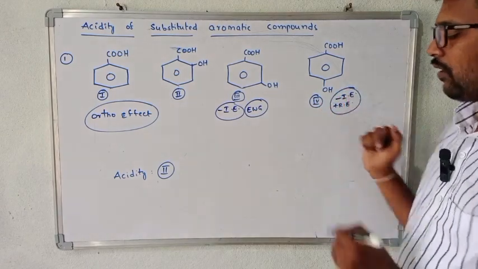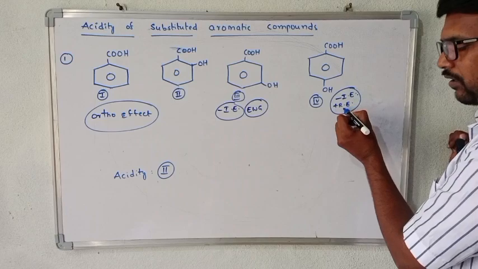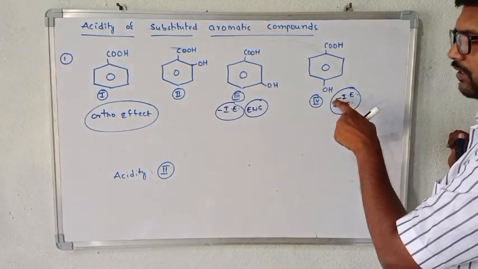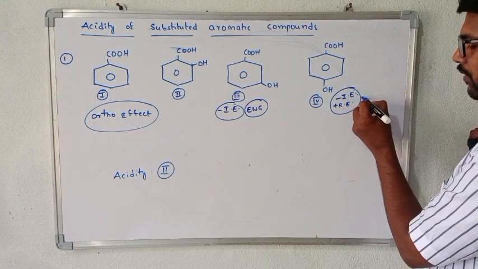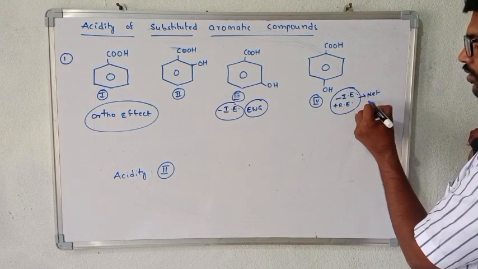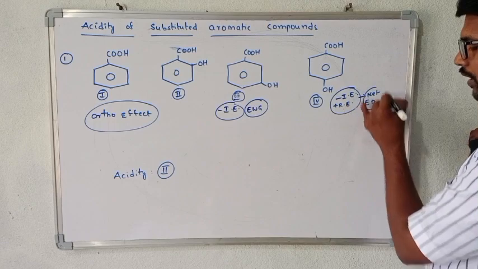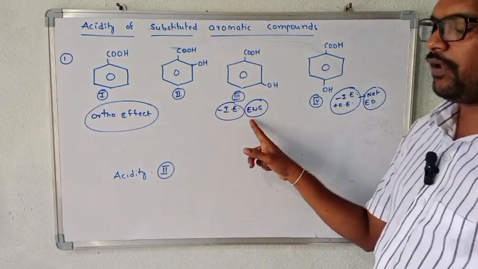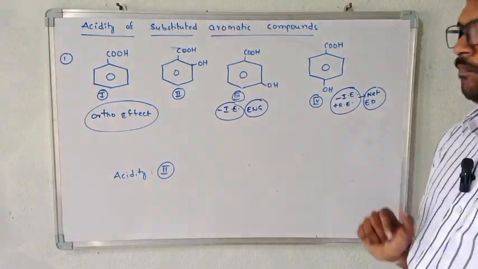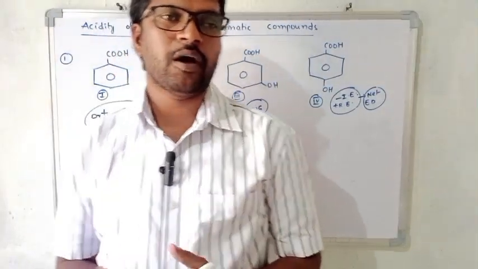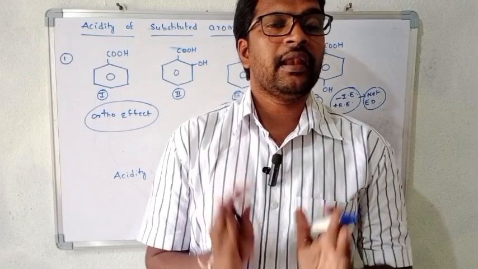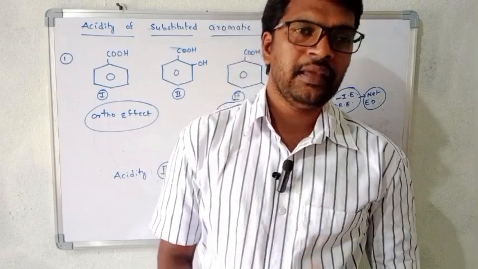Here electron withdrawing nature and electron donating nature, two types of effects, are present. Minus is withdrawing, plus is donating. Between these two, when you take the net effect, it has electron donation. Whenever we explain the acidity of carboxylic acids, generally electron withdrawing groups increase the acidity.